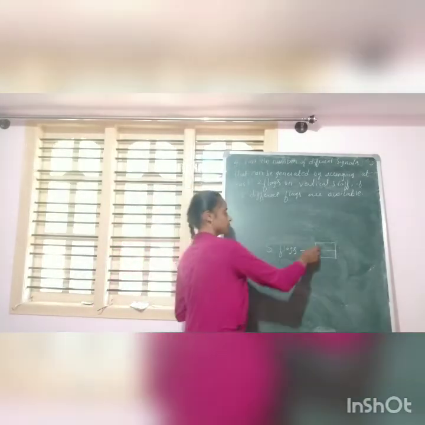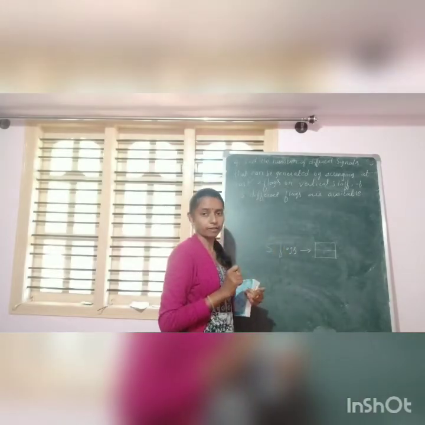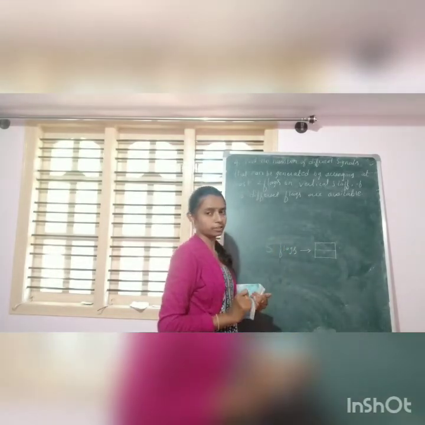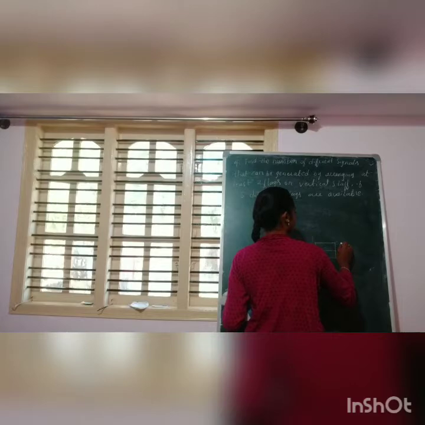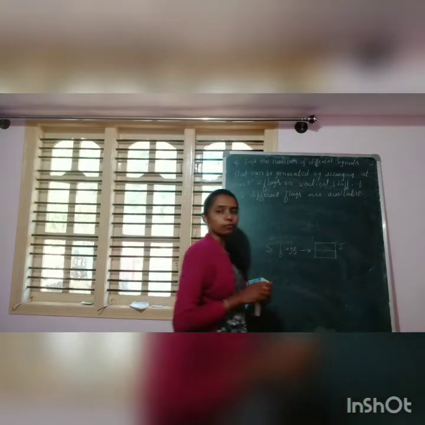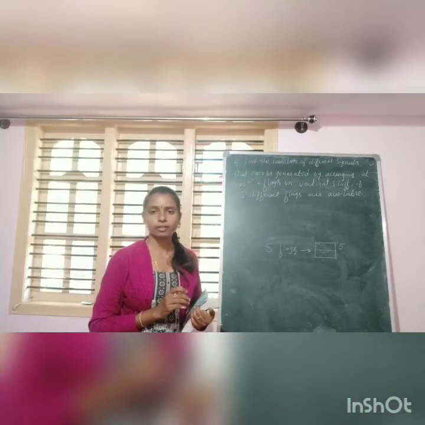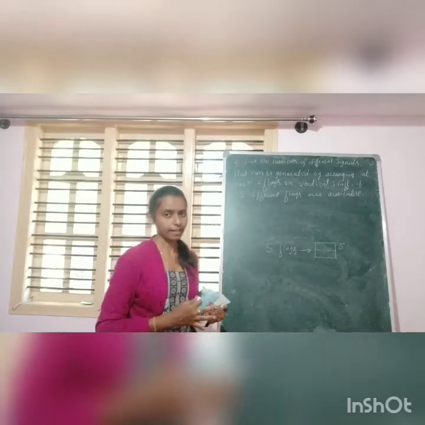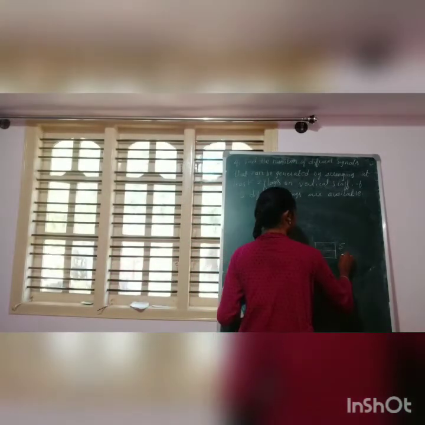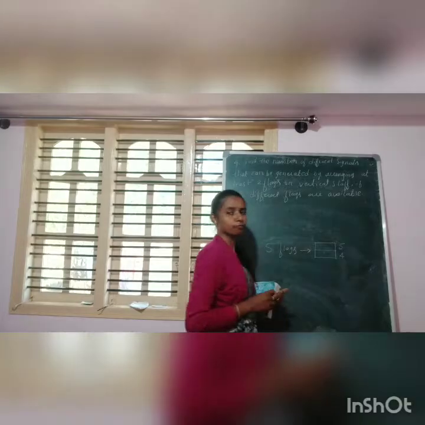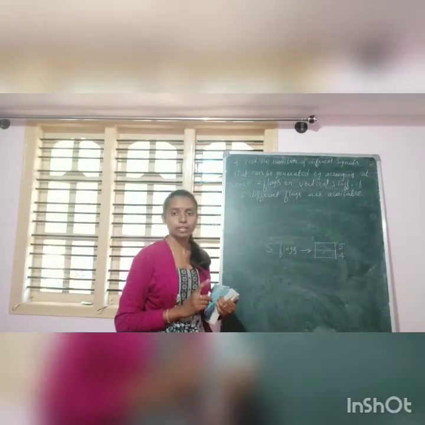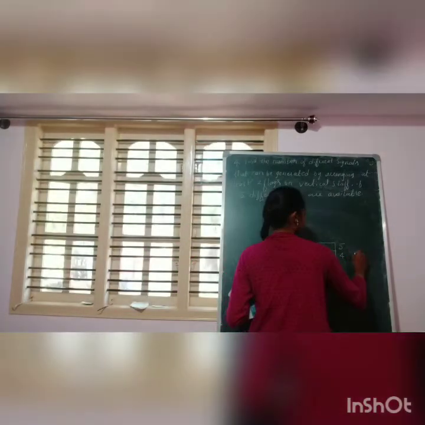So 2 flags from the 5 different flags. The first flag you can choose from 5 different flags, and the second flag you can choose from the remaining 4 flags. So there you will get one signal.